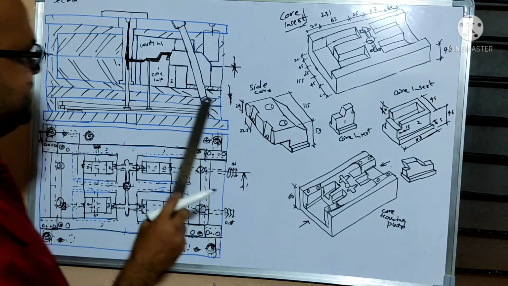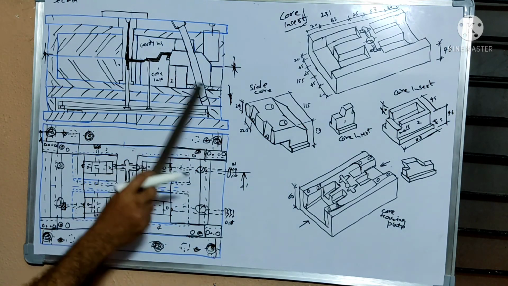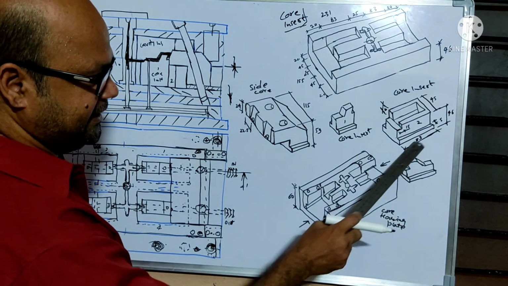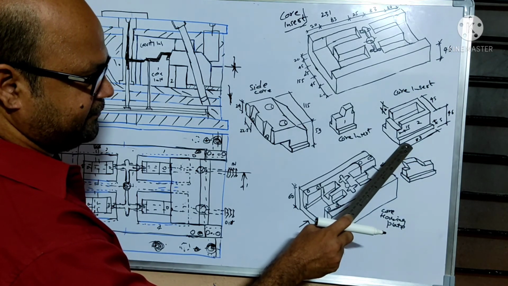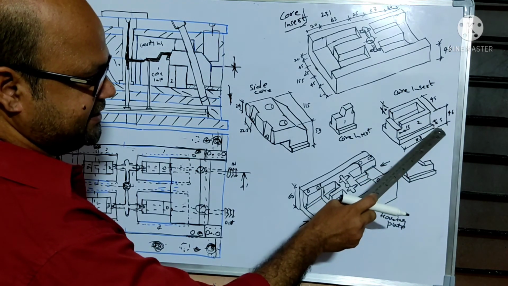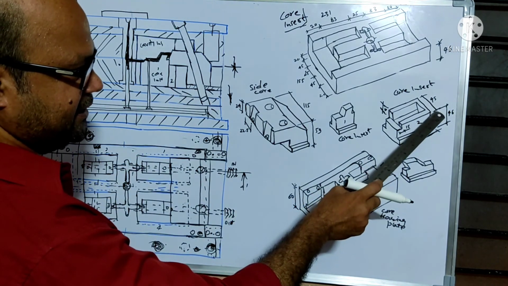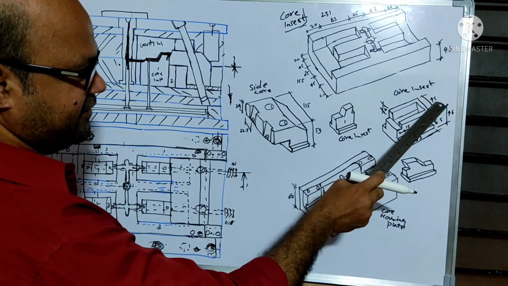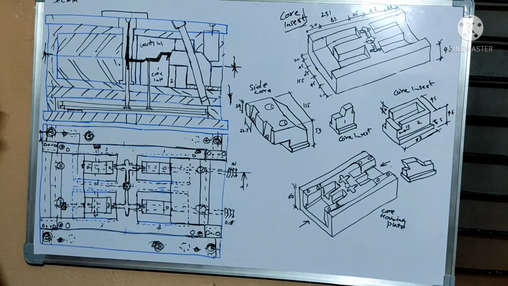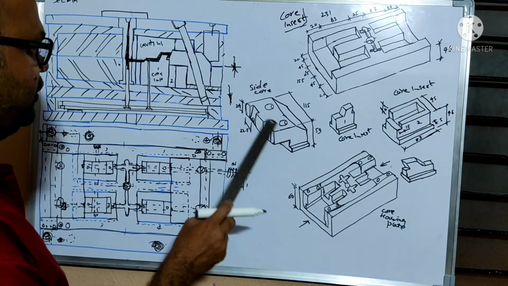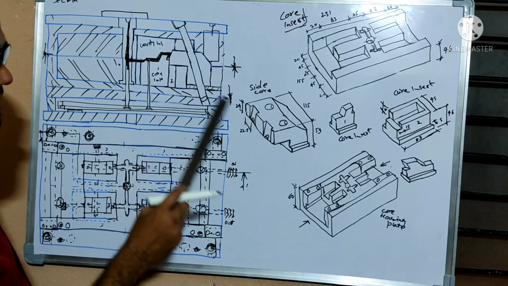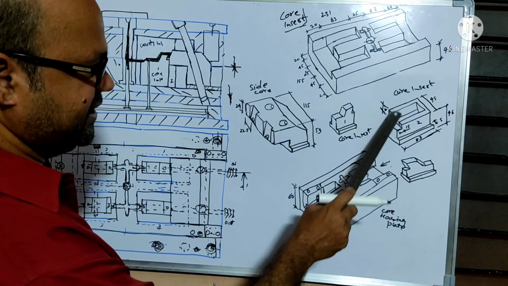We are going to check this insert, number 2 insert. The total length is 83 mm, and the total height of this number 2 insert is 46 mm. The width of this insert is 45 mm, and where the side core comes over the insert, that part has been machined out.